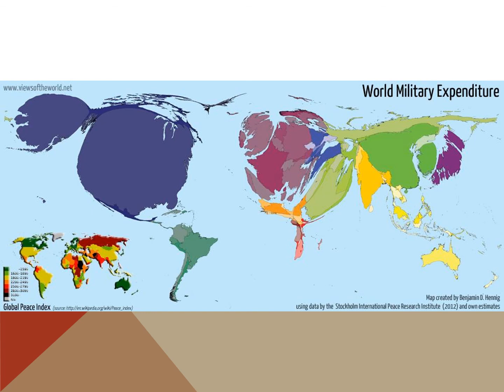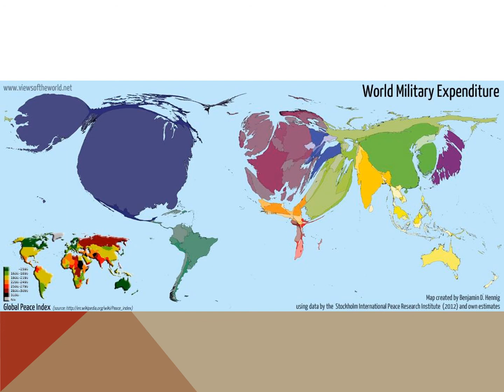This one is sort of funny. World military expenditures. Obviously, you can tell that the US spends more on our military than any other country. I believe we actually spend 10 times the amount as the next country on the list. So we're very large. Notice Canada is sort of smushed up here because they don't spend as much. They don't have as many people.